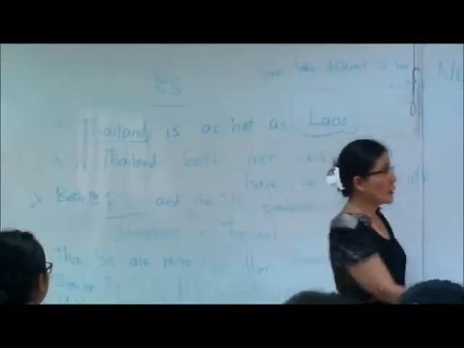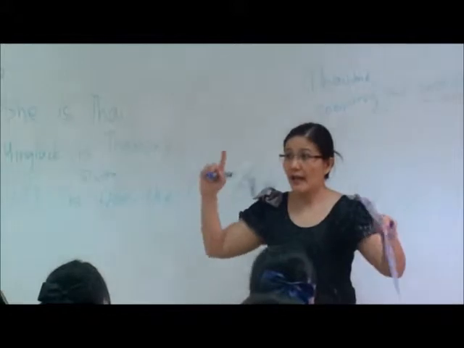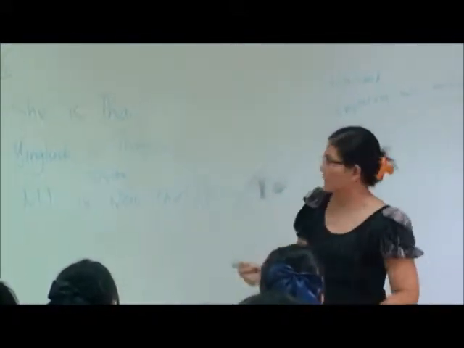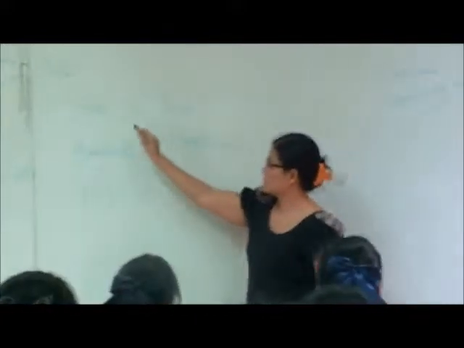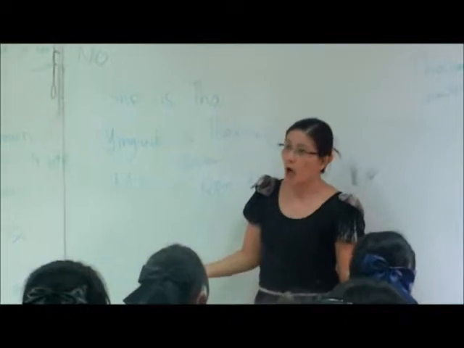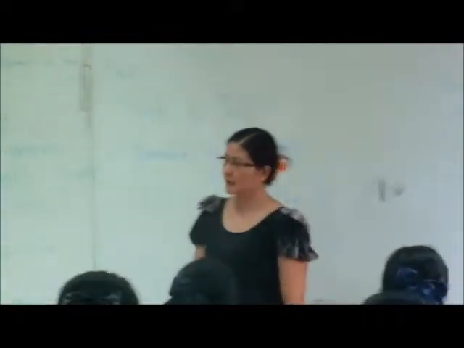So when you compare and contrast, it should have more than one subject. If you look at the no, they only have one subject. So these are not examples of comparing and contrasting.